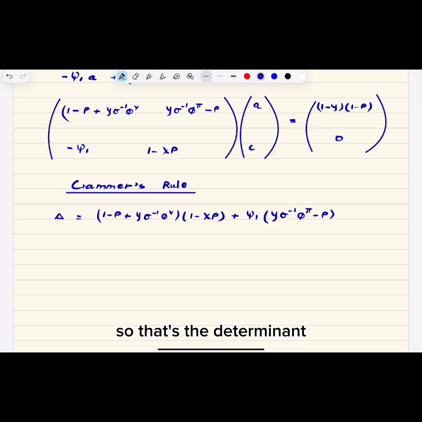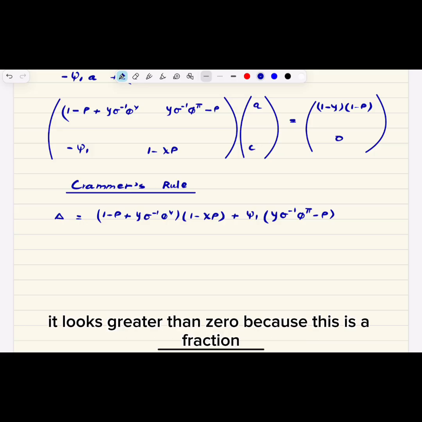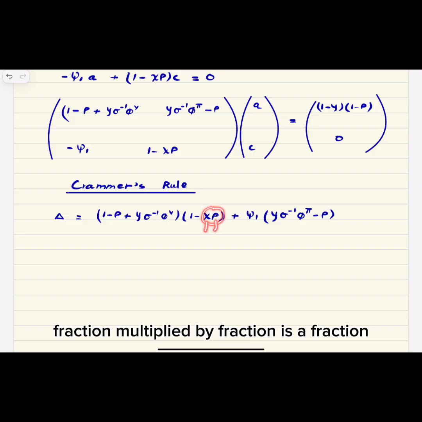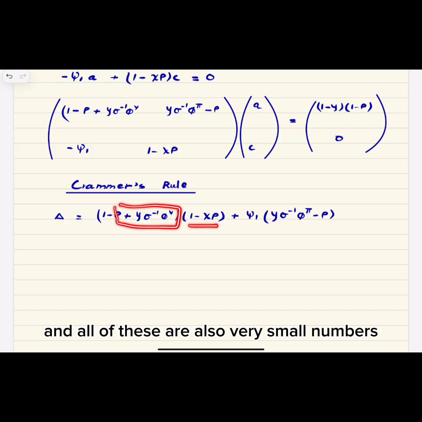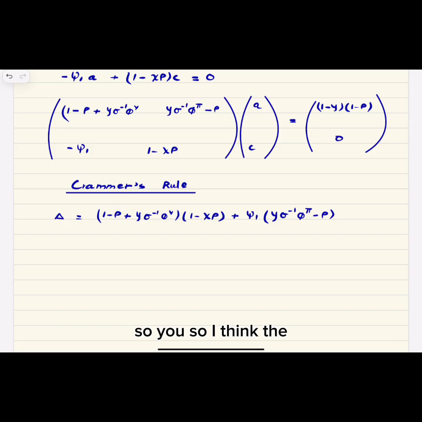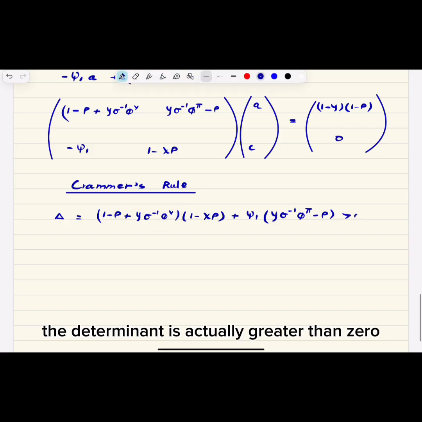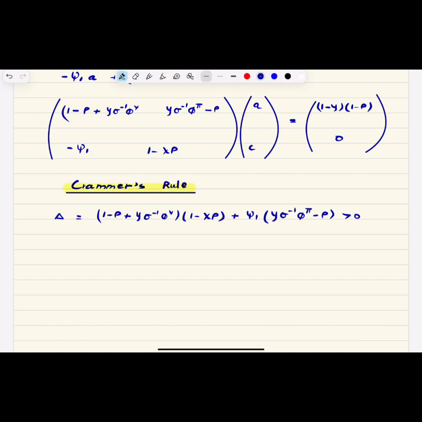So that's the determinant, and it looks greater than 0 because a fraction multiplied by a fraction is a fraction, so this is positive, and all of these are also very small numbers. So I think the determinant is actually greater than 0, but maybe it's not, let's see later. Okay, so this is the determinant.